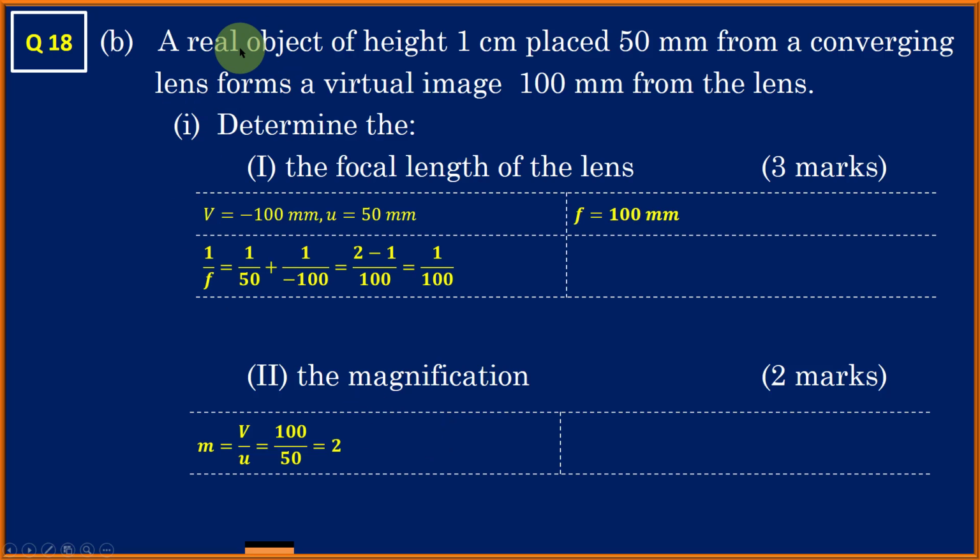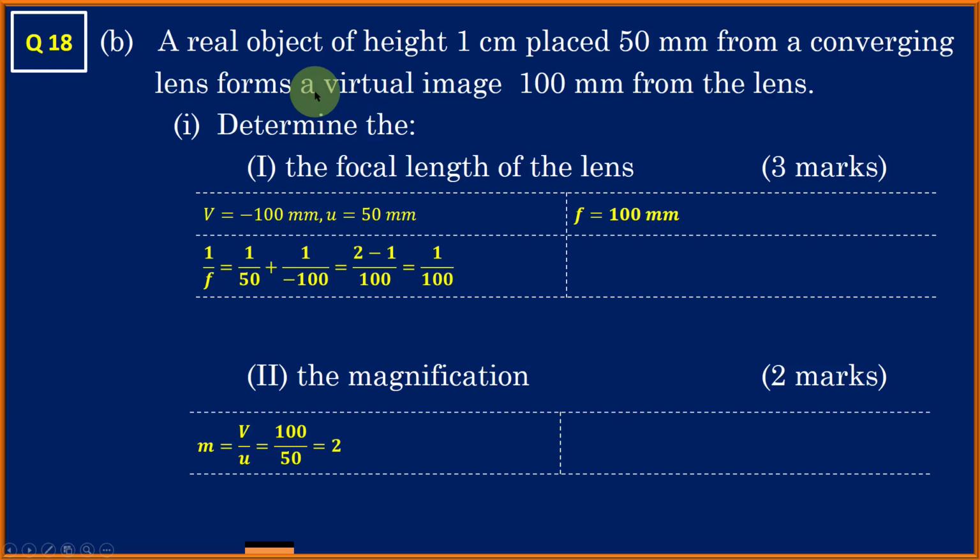In part B, we are told in question 18b that a real object of height 1 centimeter placed 50 millimeters from a converging lens forms a virtual image 100 millimeters from the lens. Determine the focal length. Of course, here it's just a matter of identifying V. Why did I give it a negative sign? It's because the image is virtual.